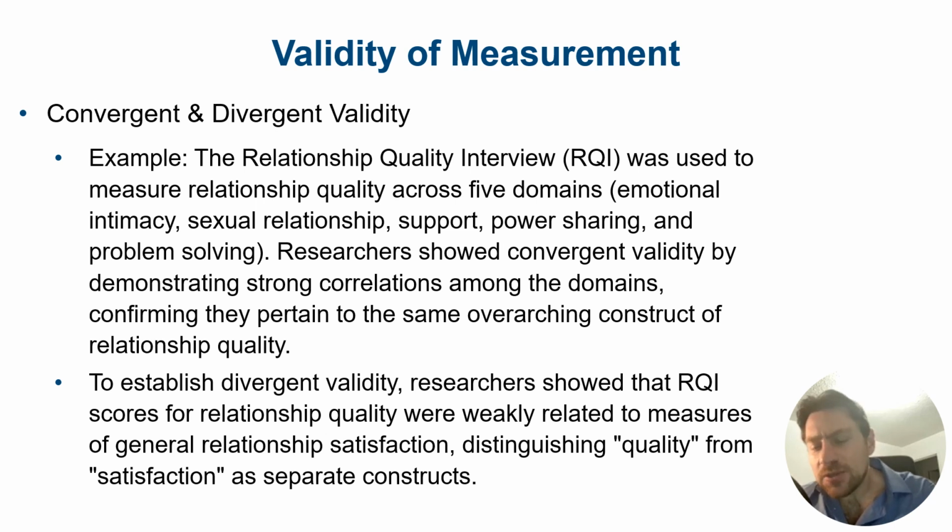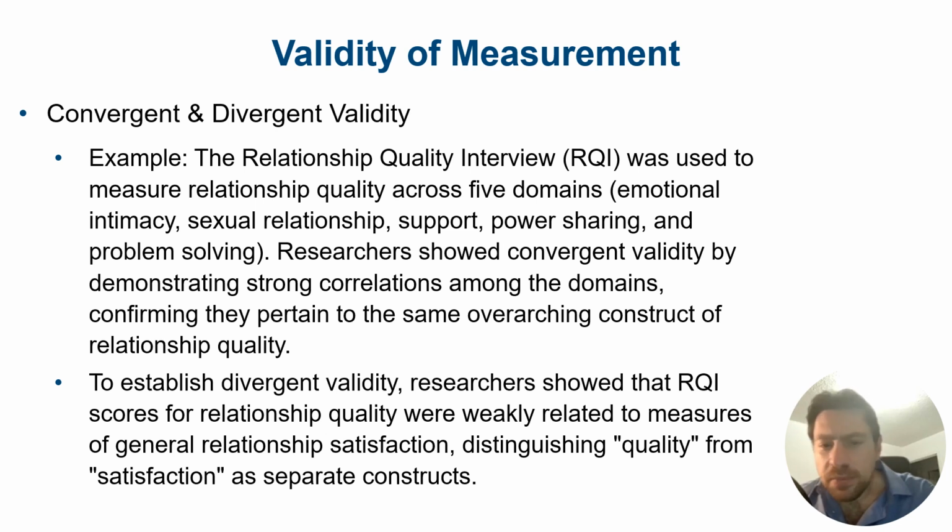So in this case, convergent validity has been demonstrated by showing strong correlations between these 5 dimensions or domains: emotional intimacy, sexual intimacy, support, power sharing, and problem solving. And because you have a strong correlation between these 5 domains, it implies that they're all converging and measuring the same construct.